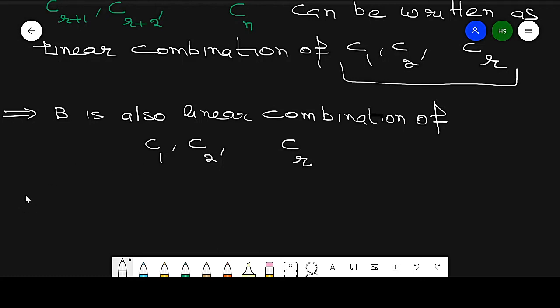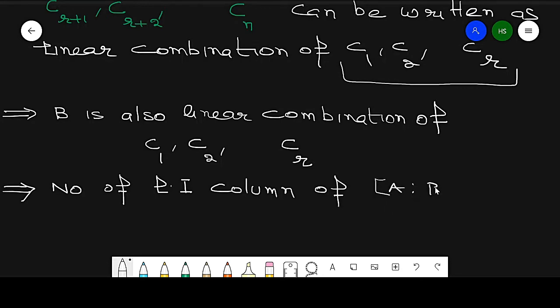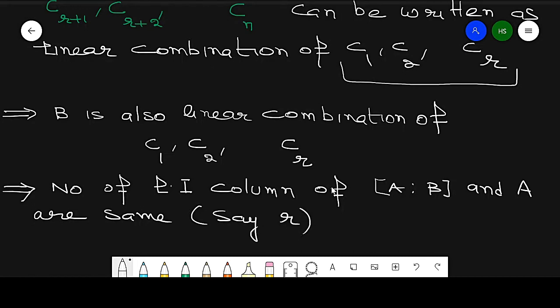It implies that the number of linear independent columns of the augmented matrix AB and of A are the same, which is R. Because B is also a linear combination of these vectors, the linear independent columns in the augmented matrix and in the A matrix are the same.